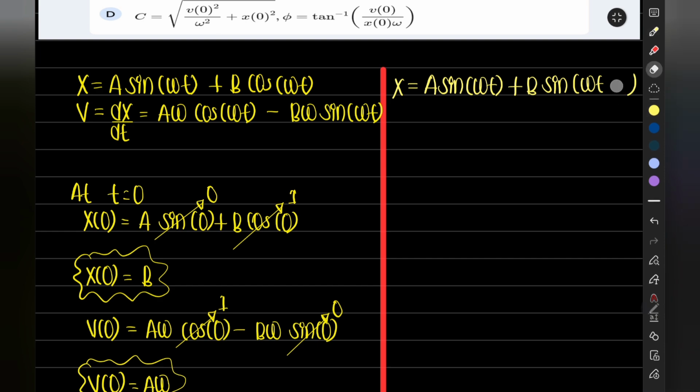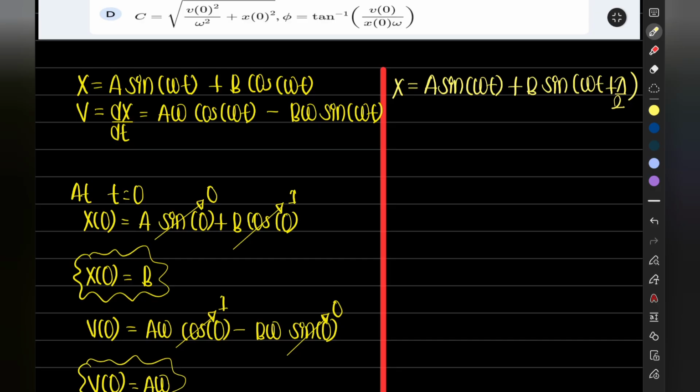Let me correct it. Sine of 90 plus theta is basically cos theta, so sine omega t plus pi by 2. Now we have converted this into the form of sine, because cos is written in the form of sine, since sine 90 plus theta is basically cos theta.